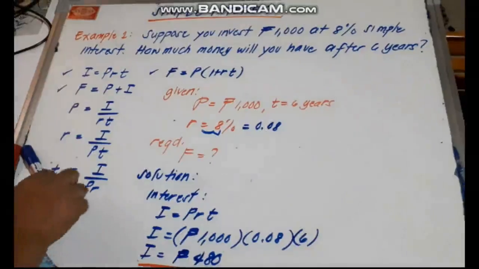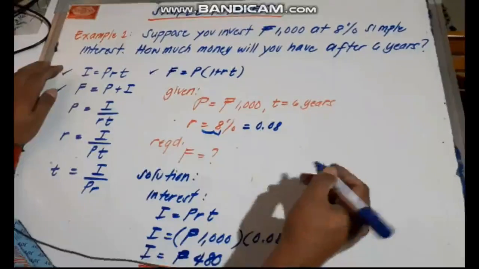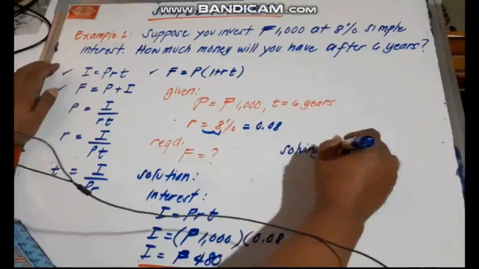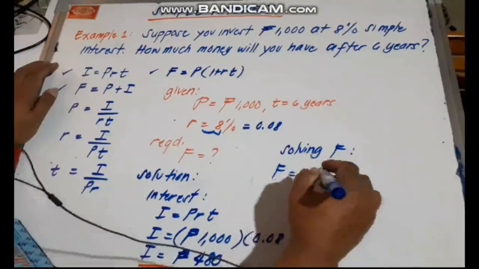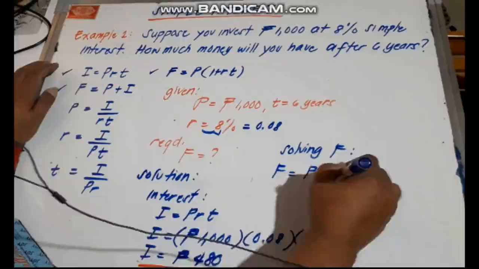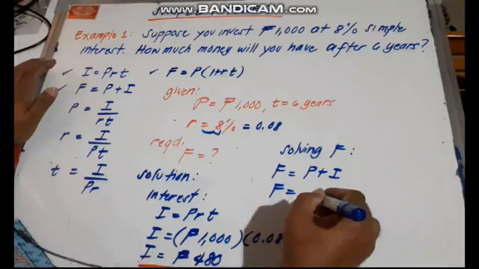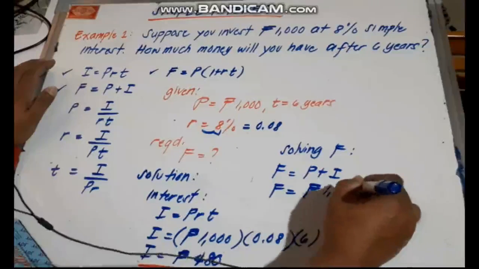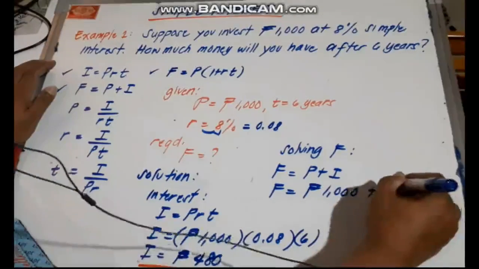So the next is to compute for the required in the problem. We solve for F. So we have F equals P plus I. So therefore, our money after 6 years will be the sum of these two. We have 1,000 pesos plus 480 pesos.